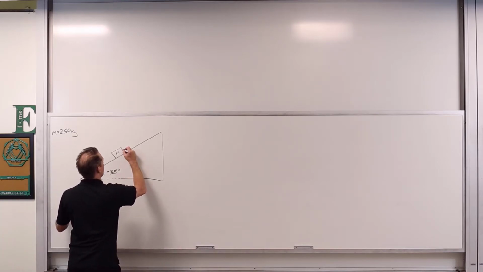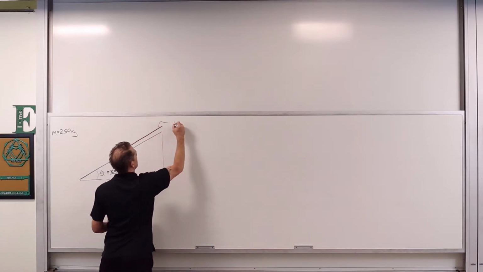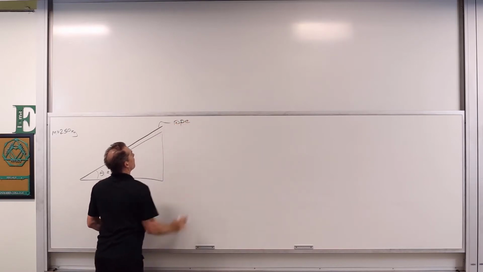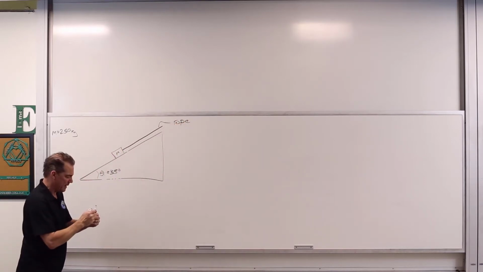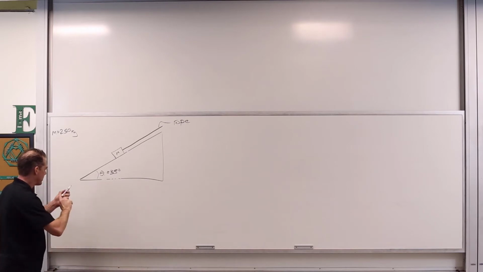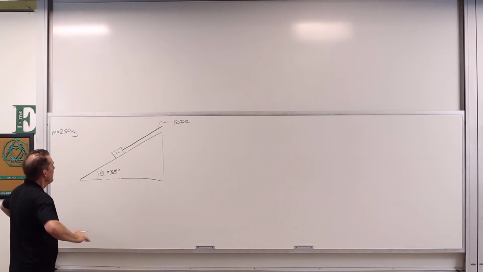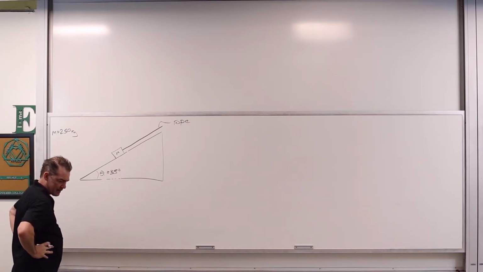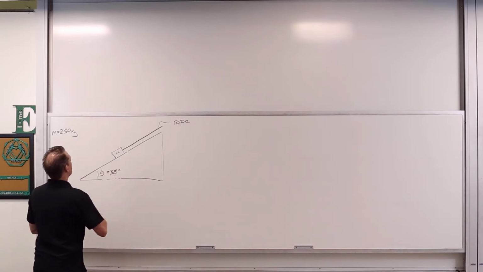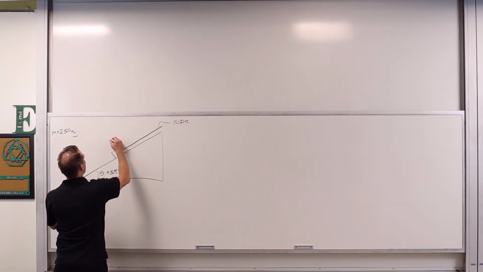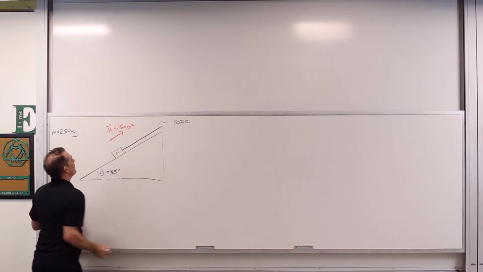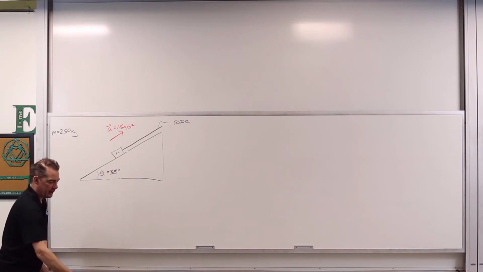A rope of negligible mass. We're ignoring the mass in the rope, just saying it's a light string. So we want this mass to have an acceleration of 1.50 meters per second squared. And that's pretty much that.